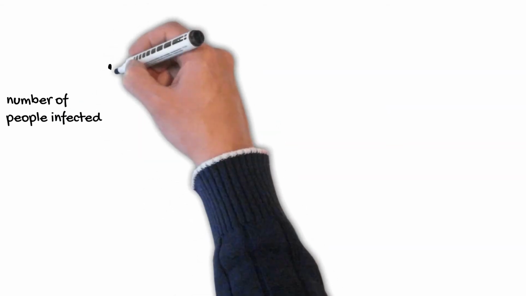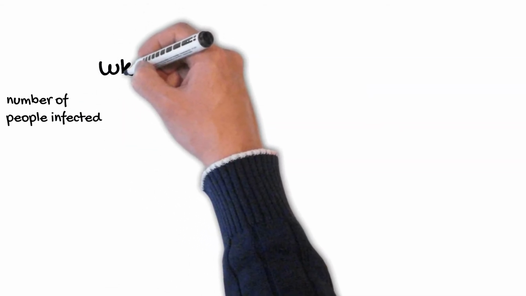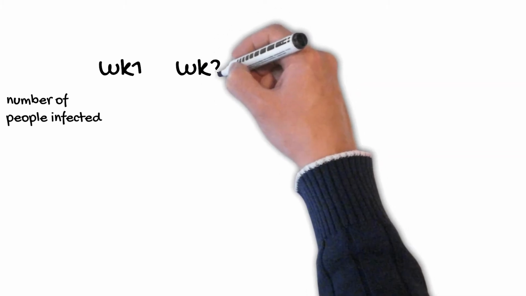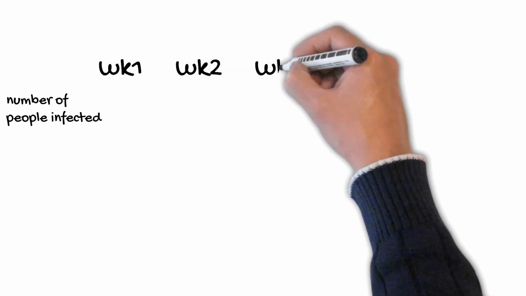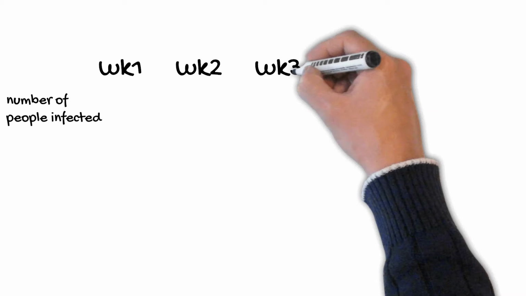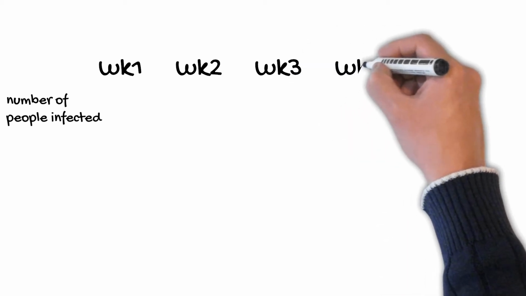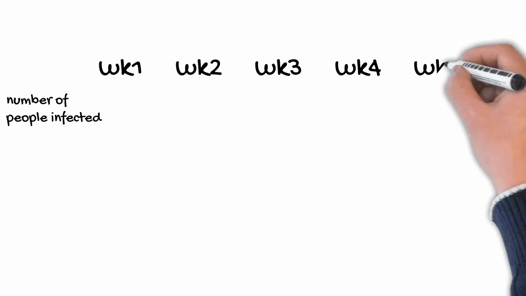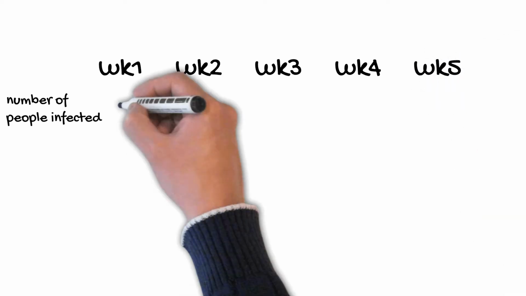Suppose that we have 2 people infected at the end of the first week. But suppose everybody who is infected infects another person. So therefore, these 2 people infect another 2 people.